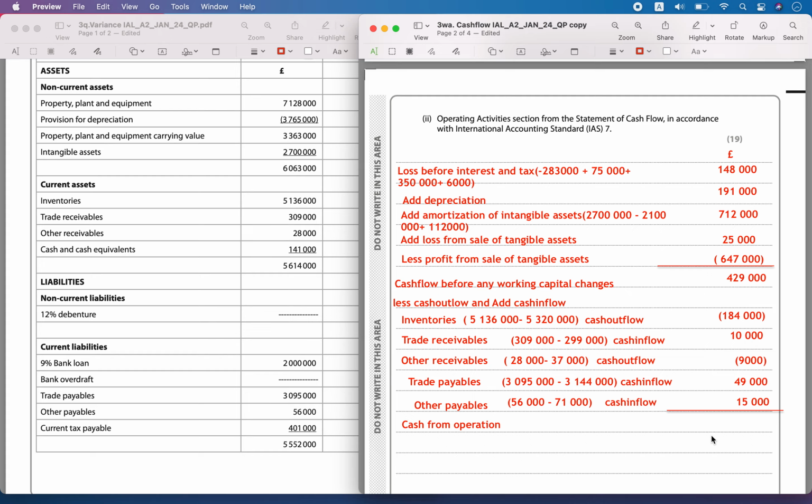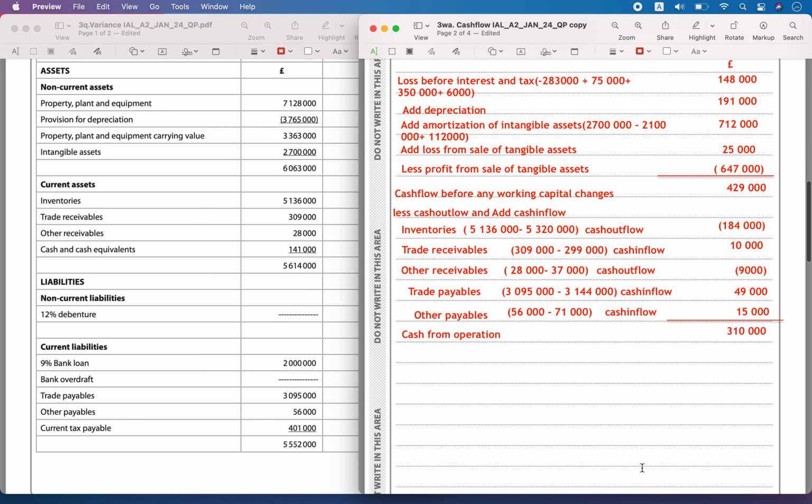So let's calculate that: 4,429,000 minus 184,000 plus 10,000 minus 9,000 plus 49,000 plus 15,000. This was the cash generated from operations.